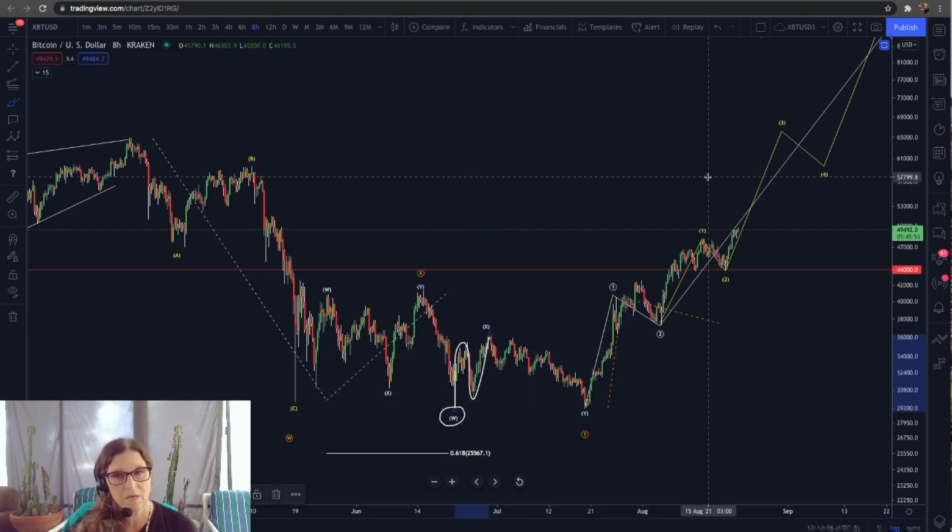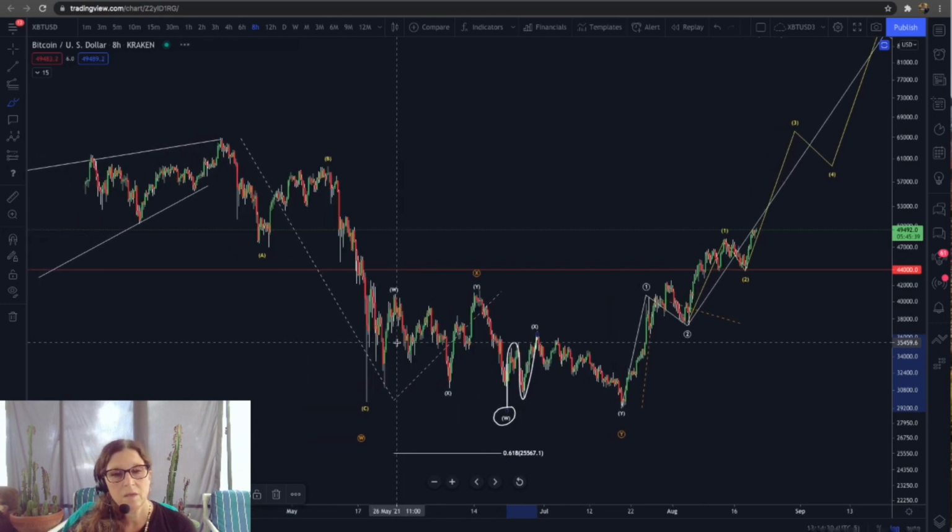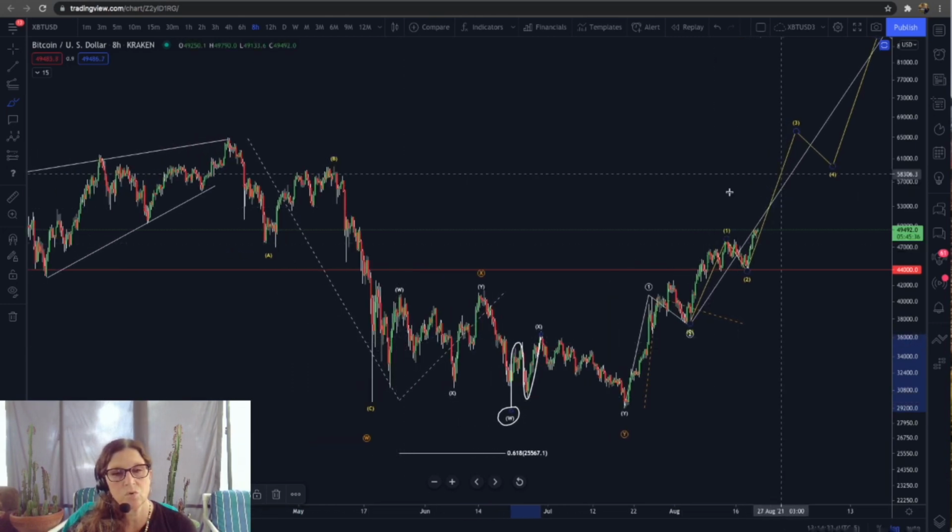And we cannot take off on a 3-wave move. Impulsive. Meaning that a wave 1 can't be 3 waves. So I've also been asked, well, why can't we just continue? Why am I not confident in the bull count? This is the reason.